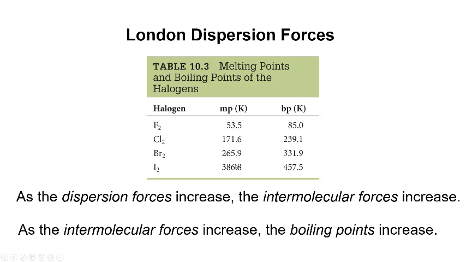If we had to add heat to overcome our liquid to turn to a gas form, the same sort of thing occurs with melting point. We have to break some of our intermolecular forces to go from a solid to a liquid. So melting point and boiling point both scale with the strength of our intermolecular forces.